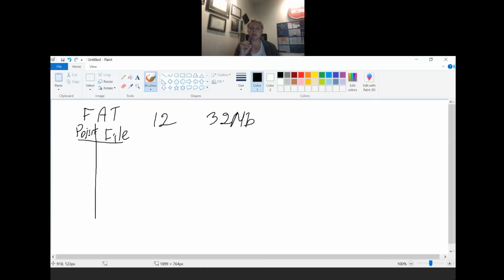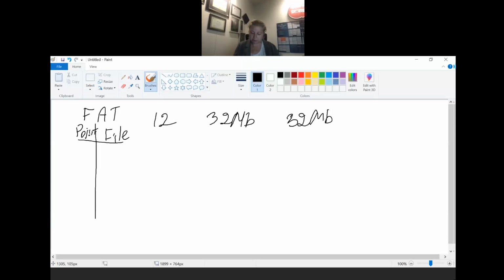That means you could not write any file larger than 32 megabits. Then the volume size, and by volume size I mean the number of clusters, was 32 megabit as well.